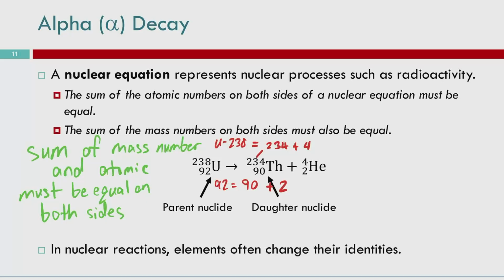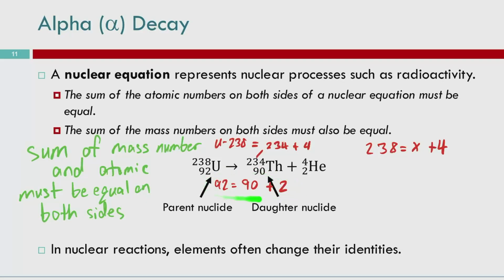So we could write 238 equals x plus 4. And then we just solve for x. It's like the simplest algebra problem that we could possibly have. You might not even need a calculator for a lot of this, which is great.